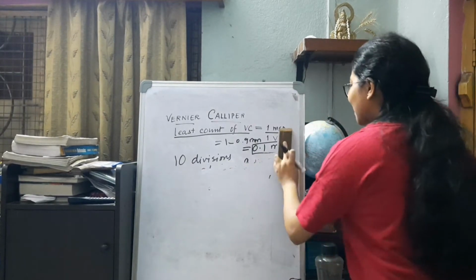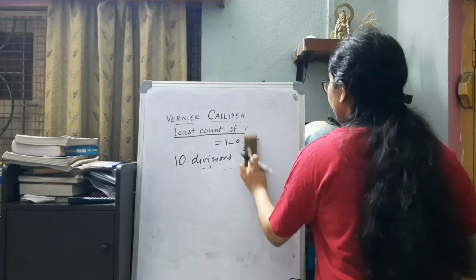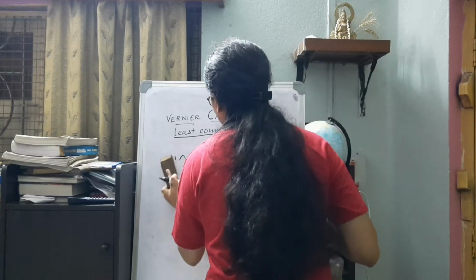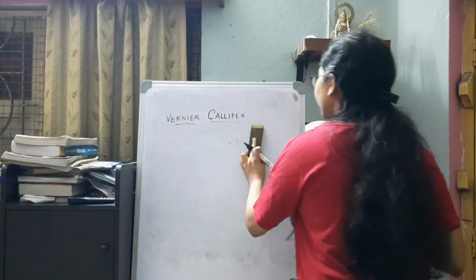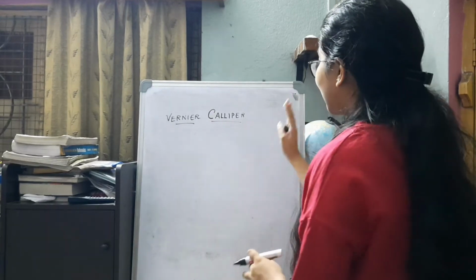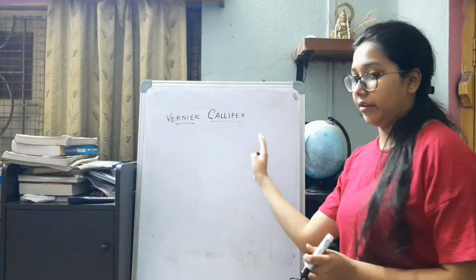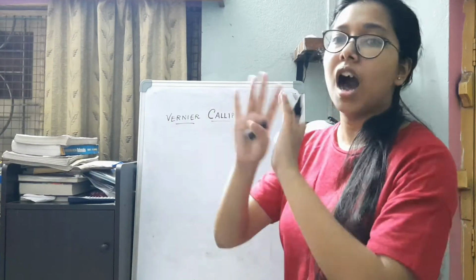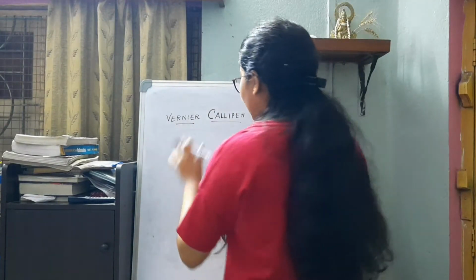Certain things need to be kept in mind while measuring the length using a vernier scale. First of all, I will talk about the measurement of length where we are considering that there is no zero error. Without any zero error, how do we measure the length? It is very simple.